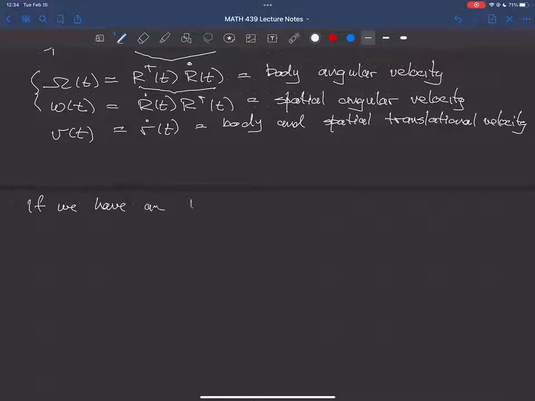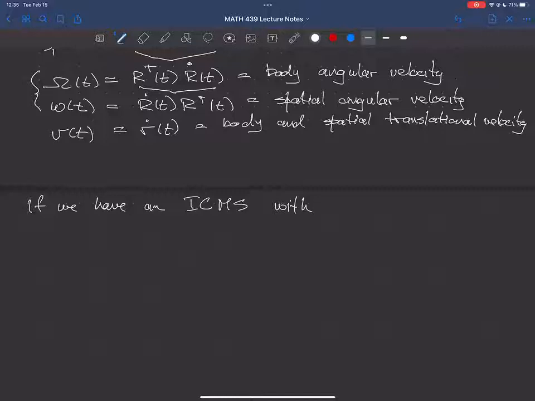Up until this point, I've allowed an interconnected mechanical system to be comprised of particles and bodies. And having to do both of those things is just tedious after a while. So I'm going to now stop including particles and just talk about bodies. And we'll see later on in the course that this can be done without loss of generality. In fact, particles are rigid bodies in a certain sense. Okay, but for now, we're just going to discard particles.